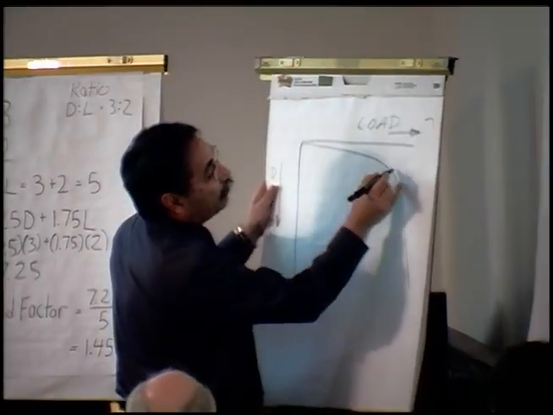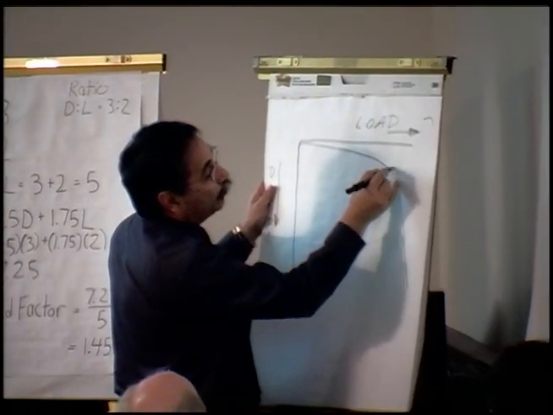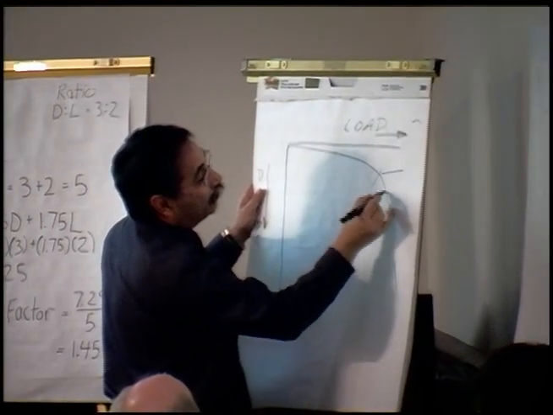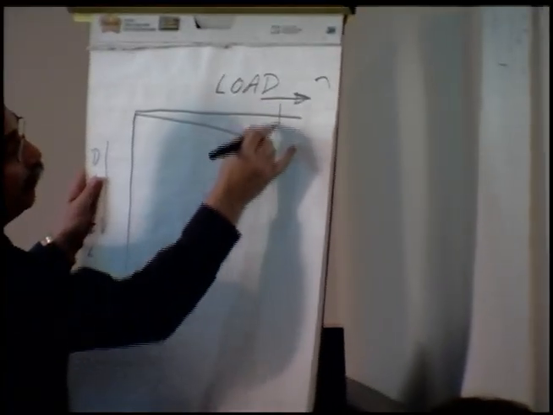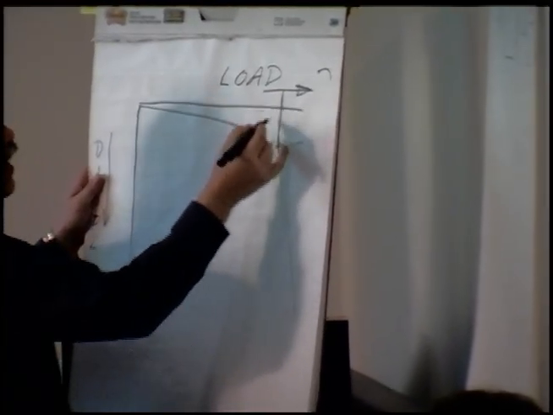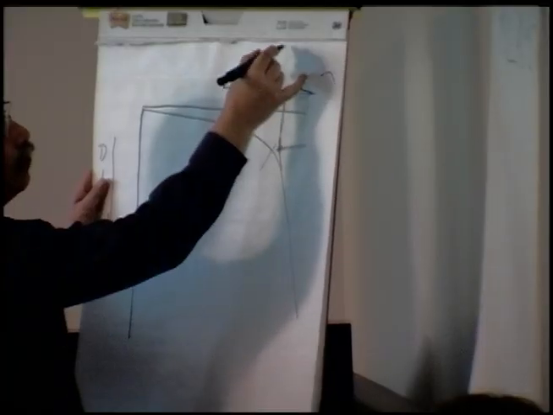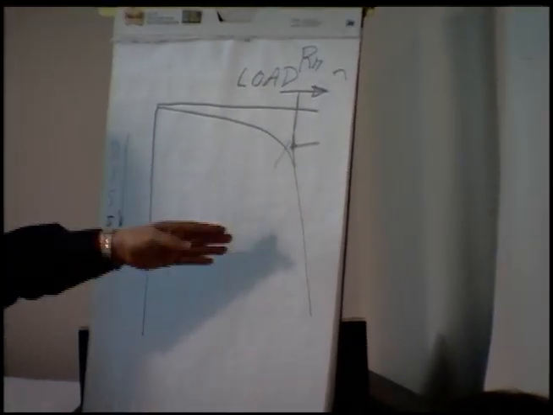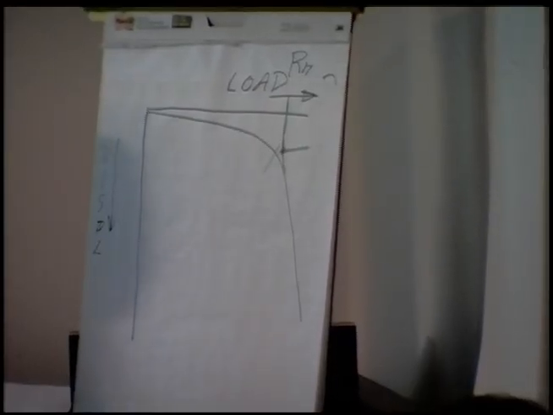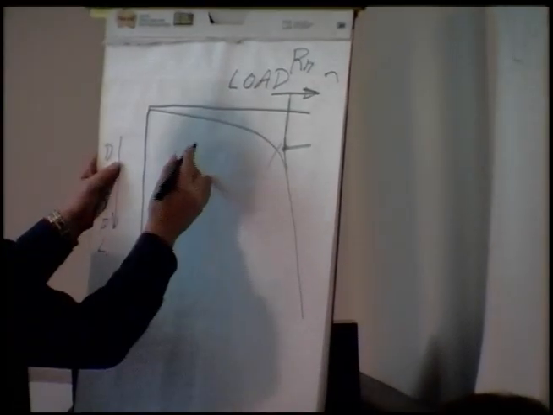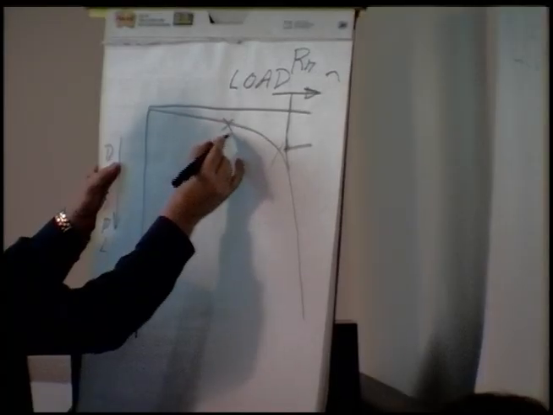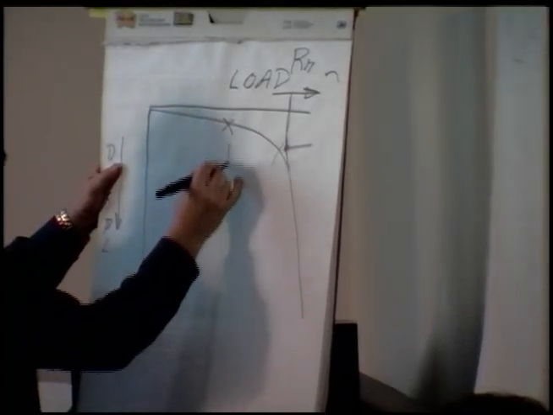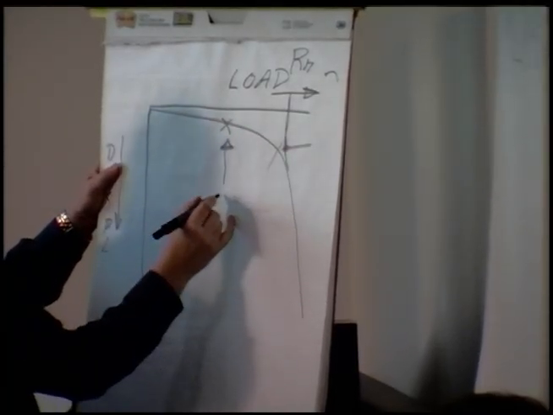So what happens is Davisson's method: they look for the point where there's most curvature in here. They run it out this way and they say right there, that's the nominal resistance, R sub n. That's the ultimate, that's what the pile is good for, no matter what you call it. Now, somewhere back in here, say right in there, is the factored load.